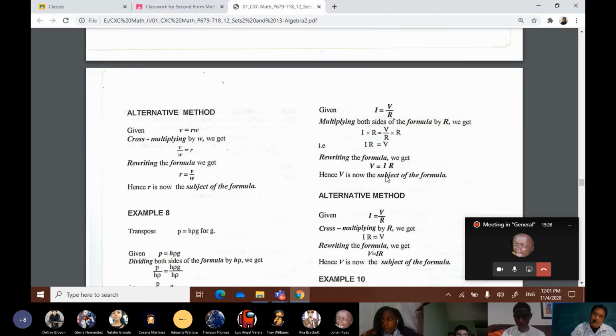Hence, V is the subject of the formula. So voltage is equal to current times resistance. Okay? Good. Questions with case 4.